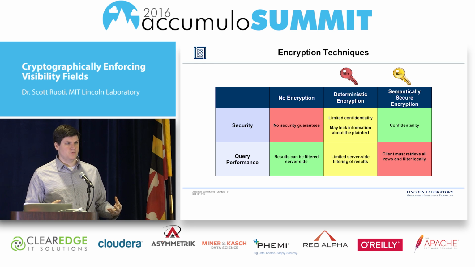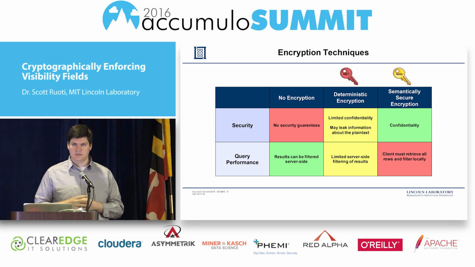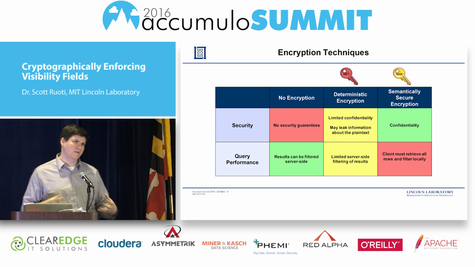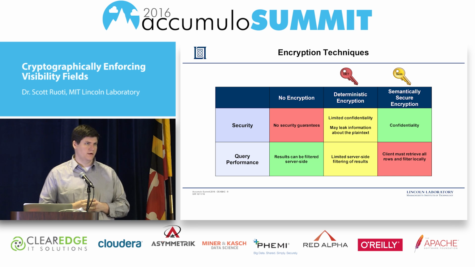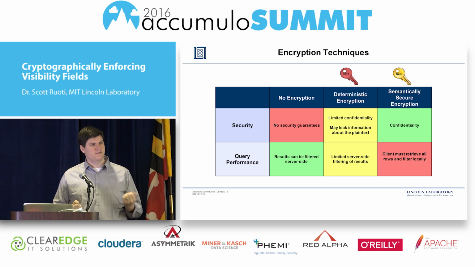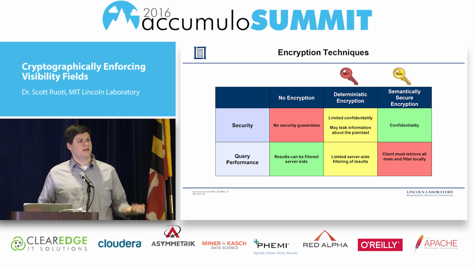So we also developed an approach that tries to be in the middle of these two, that is going to provide some level of security, but also some level of better performance at the query side. So this is deterministic encryption. What this means is, given the same key and the same data, the same ciphertext is always going to be produced.